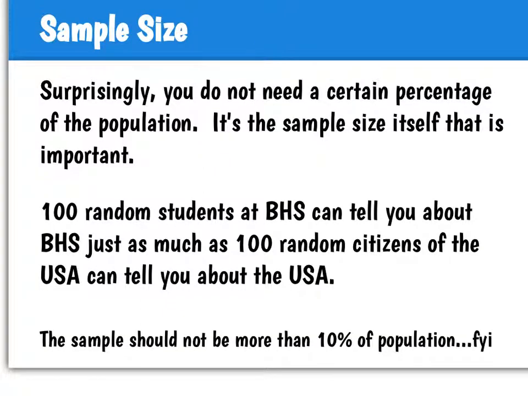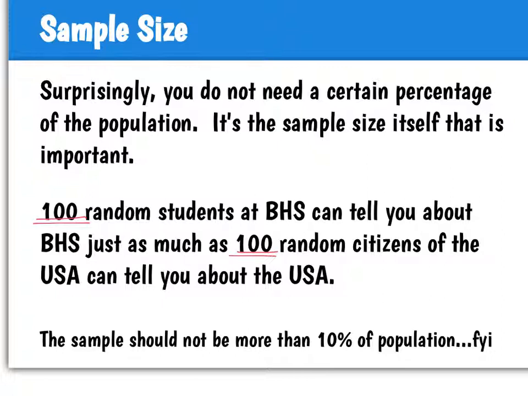Okay, you don't have to have a certain percentage of the population. It's just how big your sample is. 100 random students at BHS tells you just as much about Blythewood High School as 100 random citizens of the U.S. can tell you about the U.S. Okay, it doesn't really matter that 100 out of all the Blythewood students is 5% of the students, versus 100 out of the United States, which is not even a percentage.